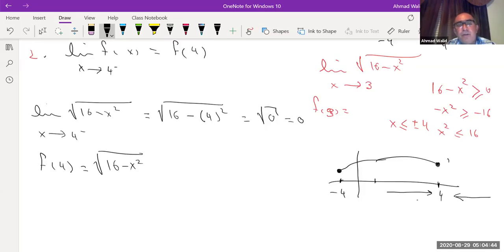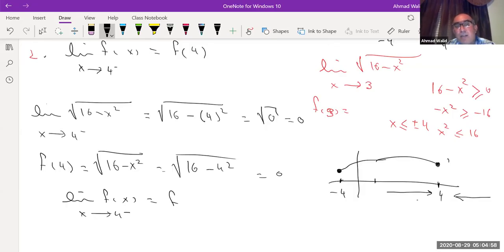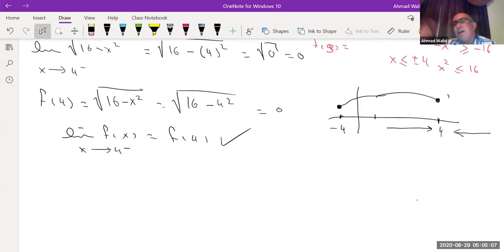Then f of 4 equals the square root of 16 minus 4 squared, which again gives you 0. It means you can write the limit of f of x as x approaches 4 from the left equals f of 4. Yes, check. It means the function is continuous at the right endpoint.